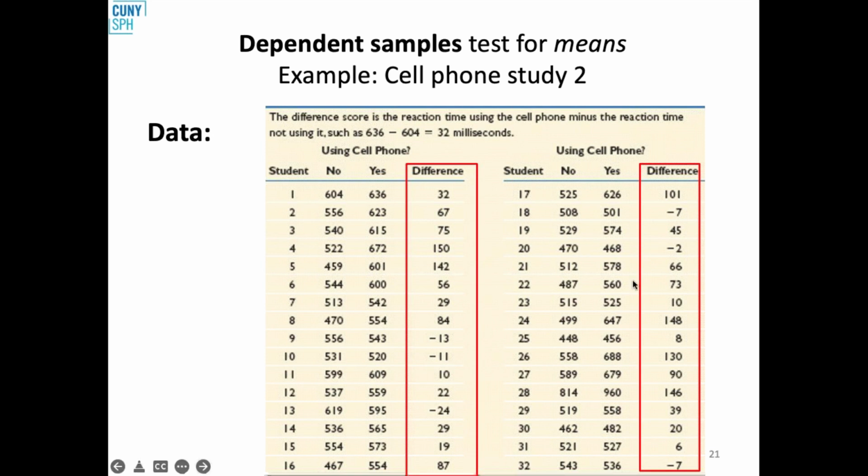Our expectation is if it doesn't matter whether he was using the cell phone or not, then the average difference would be zero. So what we're testing here is whether the difference, D bar, D with a bar on top of it, the average difference, is equal to zero or not equal to zero. That's our null and our alternative hypothesis now.